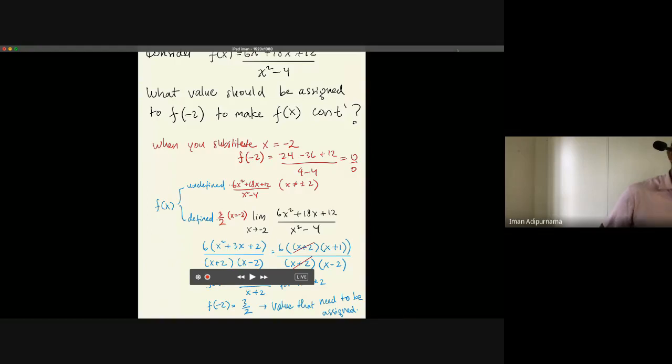Yeah, it's also undefined. But because the question is specifically asking -2, then we just calculate -2. It depends on the questions, actually. It has some variations, but mostly this is the typical question.